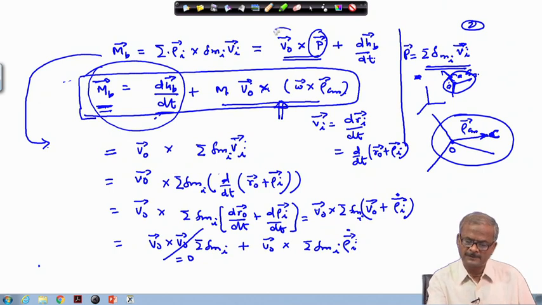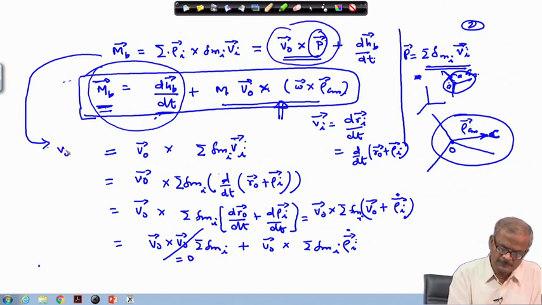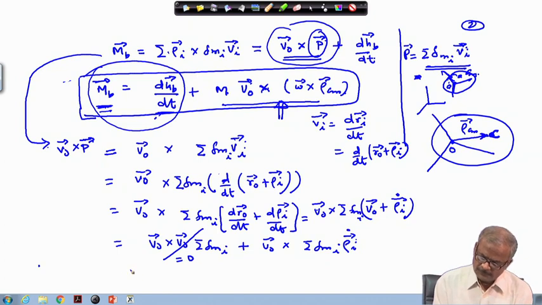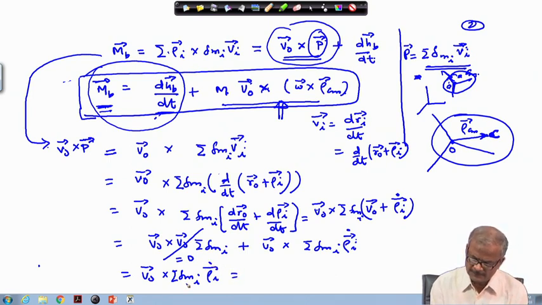This is the only one part we are writing, this part, this is V_0 cross P. So, this particular part then gets reduced to V_0 cross delta m_i summation rho_i dot, and this mass is constant. Therefore, we can put it in a special form, we can write this as d by dt of delta m_i times rho_i.